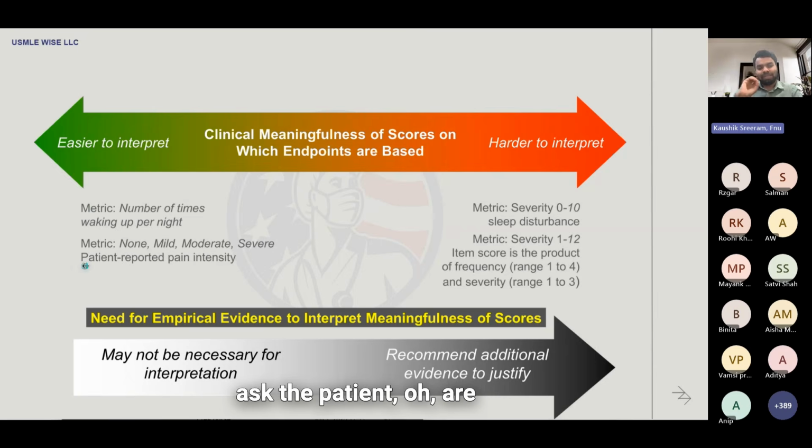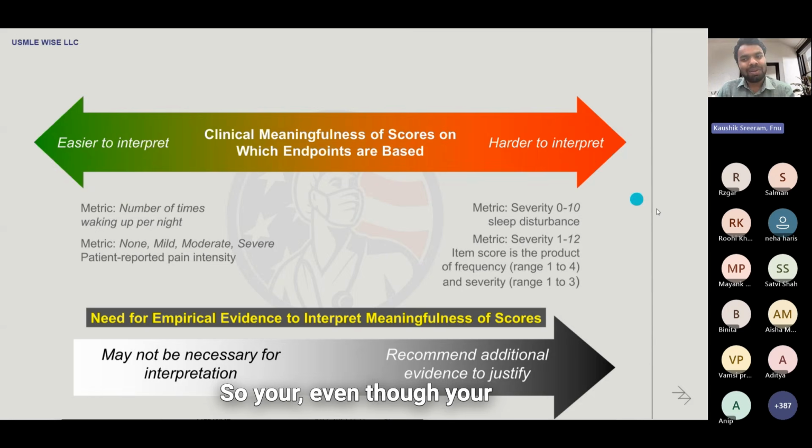If you ask the patient, are you having mild pain, moderate pain, severe pain? Even though it is not very objective, because these things are easier to interpret, you have to go with the first option, the easier option, right? And when you go with the easier option, you don't have to come up with more evidence. Again, remember, you always have to have evidence, but that evidence should not be questioned by others, right?